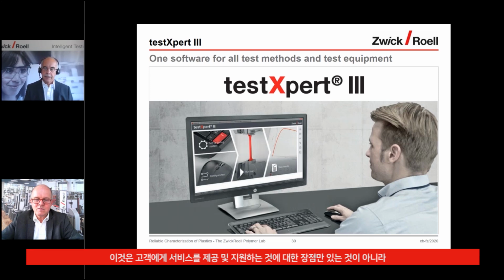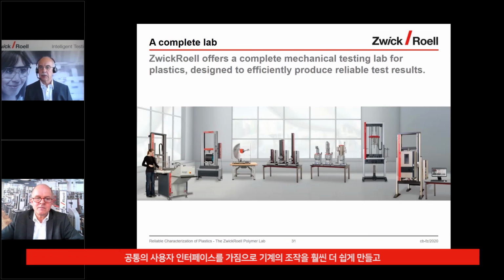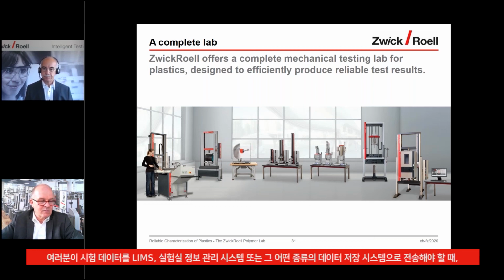It also gives customers a lot of advantage, not only for supporting and providing service, but also for customers to have a common user interface, which can make the operation of the machine much easier, and it can also reduce the cost of training operators in a company.